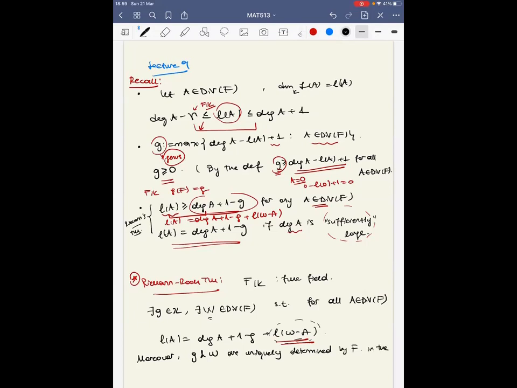So G and W are uniquely determined in the following sense.